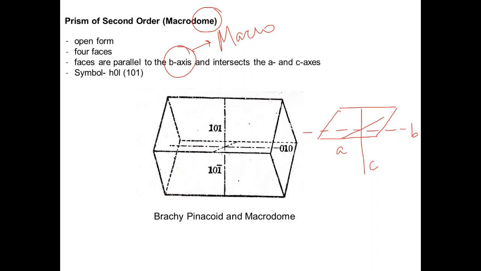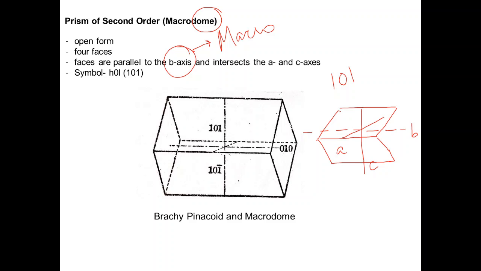And so we have the Miller indices: since it is intersecting a at unit distance, running parallel to b, and intersecting c at unit distance, the symbol becomes 1, 0, 1. So this is another face; this is how you can draw.